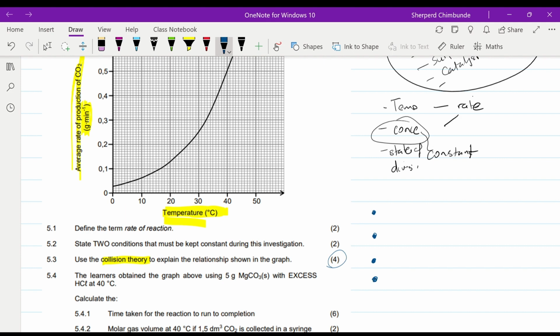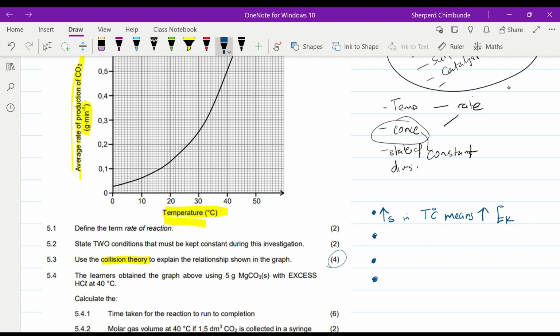So in this one, I'm going to say an increase in temperature, pardon my shorthand, but you must write it in full, means an increase in average kinetic energy. That should be your first point. So an increase in temperature will cause an increase in average kinetic energy.